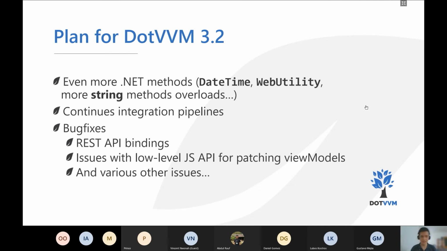And as I already said, we are working in parallel on .vvm 4.0, which will introduce some really interesting features that we are really happy about and would like our users to use as soon as possible as well.